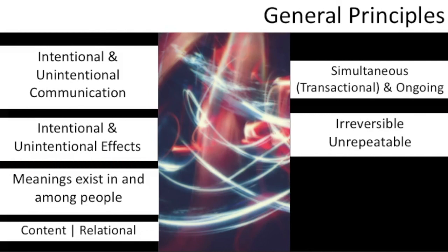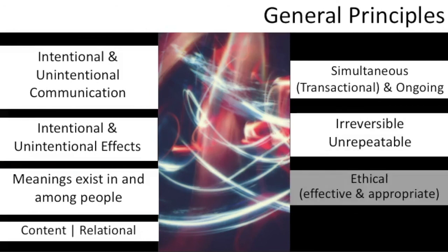We can only send new messages that alter how past messages are understood. This also reminds us that what worked in one situation may not necessarily work in another. And lastly, we need to consider the ethical dimensions of communication, particularly as it relates to the costs associated with being effective and appropriate, and how these costs are shaped by power relationships.